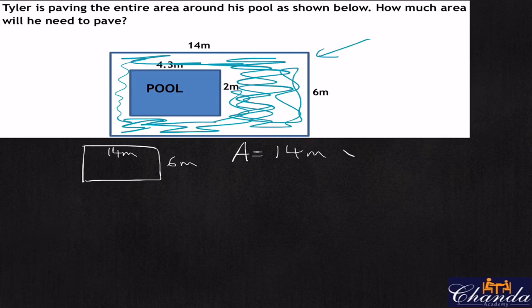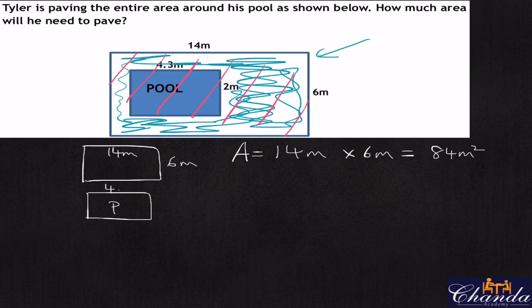Now let's find the area of the pool separately. So I will call it P. And that is 4.3 meters by 2 meters. So the area of the pool is equal to 4.3 meters multiplied by 2 meters, which gives me 8.6 meters squared.